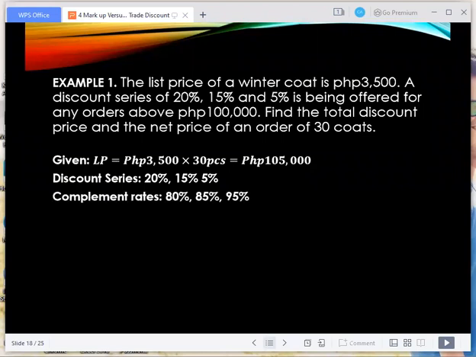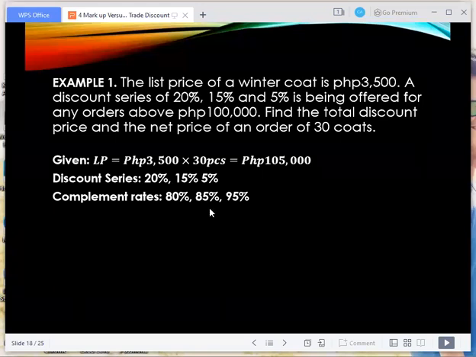And of course, we need to calculate our complement rates. So 100% minus 20% is 80%, or 1 minus 0.2 is equal to 0.8. And that is the same as 80%. Now, 100% minus 15%, you get 85%.